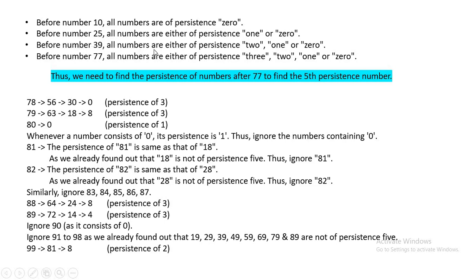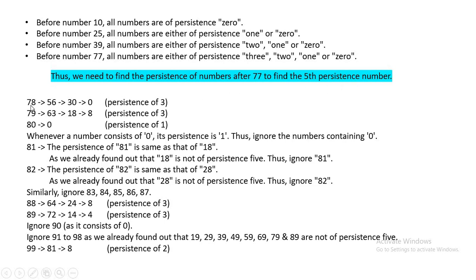Before number 39, all numbers are either of persistence 2, 1 or 0. Similarly, before 77, all numbers are of persistence 3, 2, 1 or 0. That means that to find the fifth persistence number, we need to go beyond 77. Before 77, we are not going to find it.